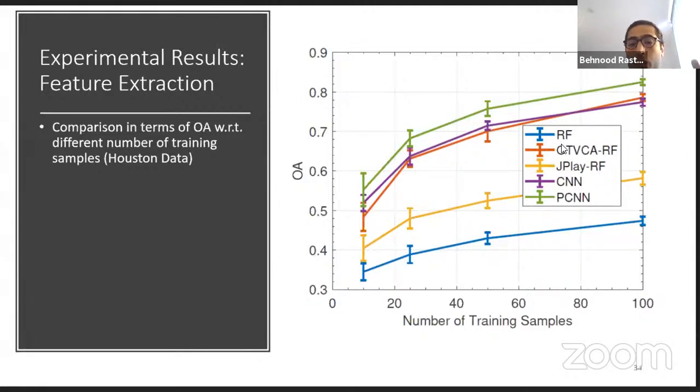Then we compare the results with CNN and PCNN, which is applying PCA prior to CNN. And the blue line is only applying random forest on the spectral bands.